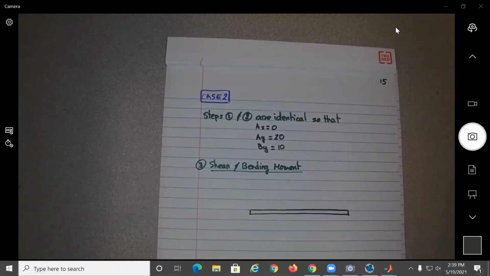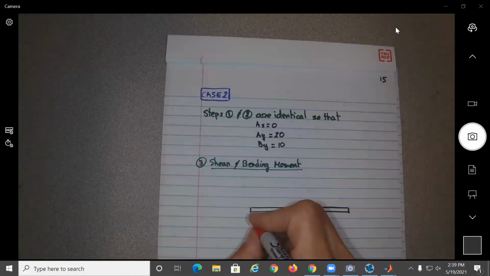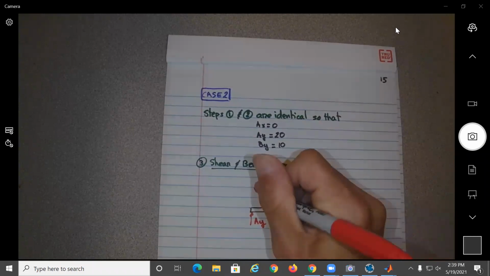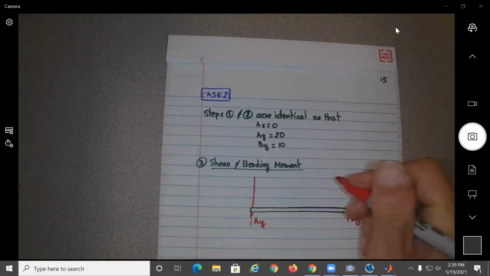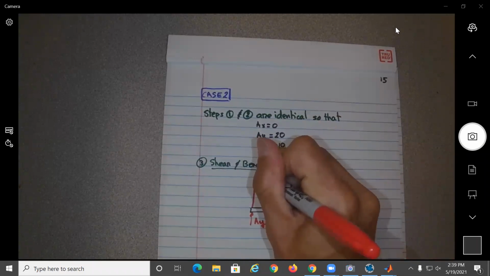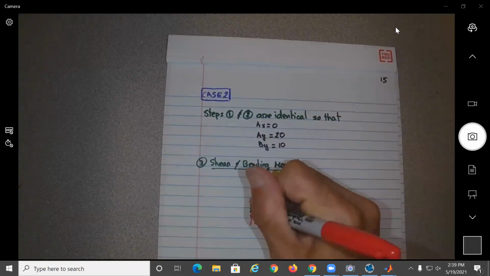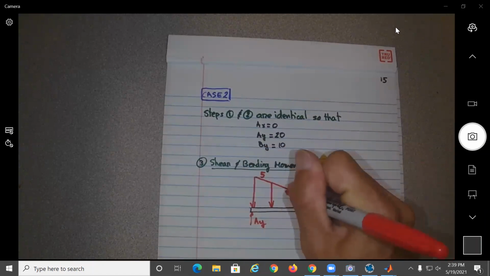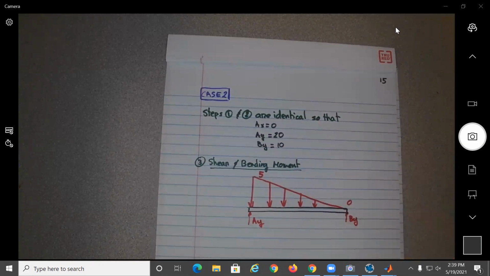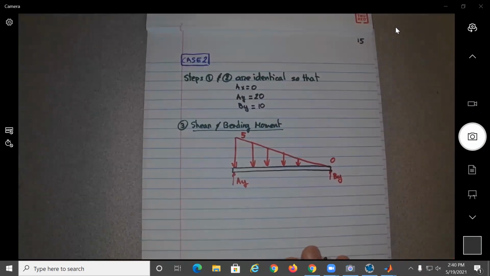We have this, where this is AY, this is BY, but now we have this is equal to 5, this is equal to 0.